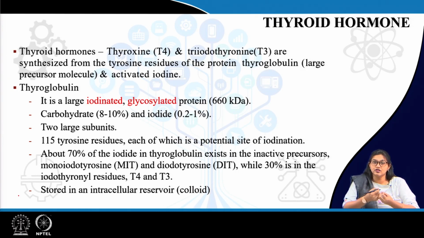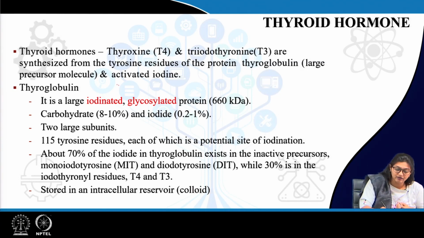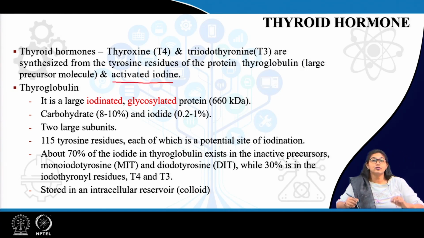Those tyrosine residues are iodinated by activated iodine. So, the tyrosine residues of thyroglobulin and activated iodine together form the thyroid hormones, both T4 and T3.